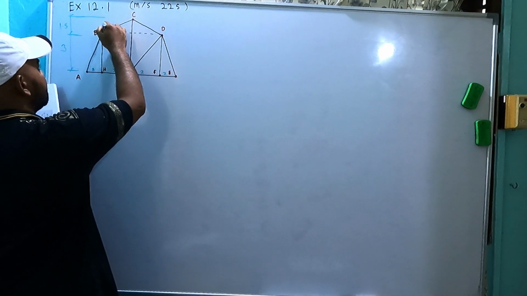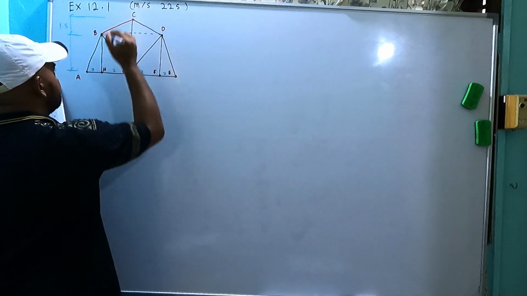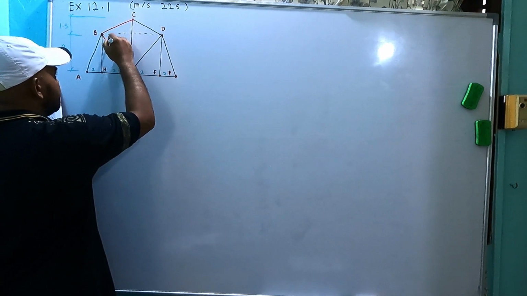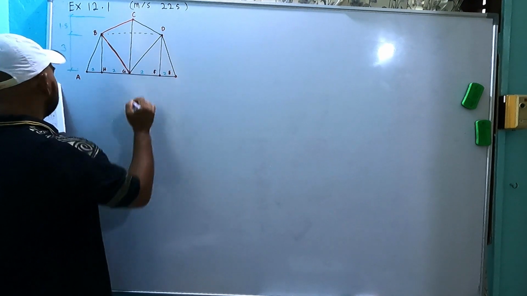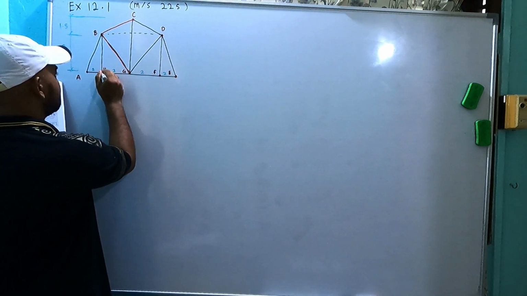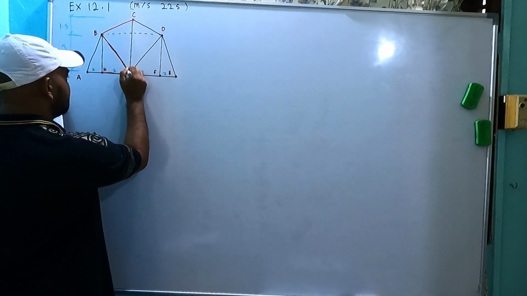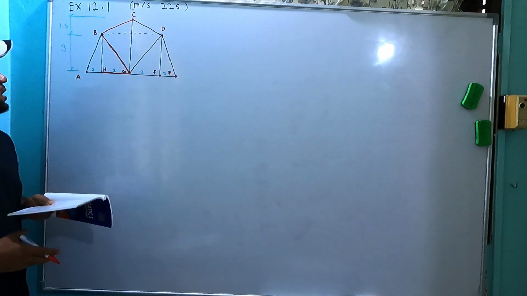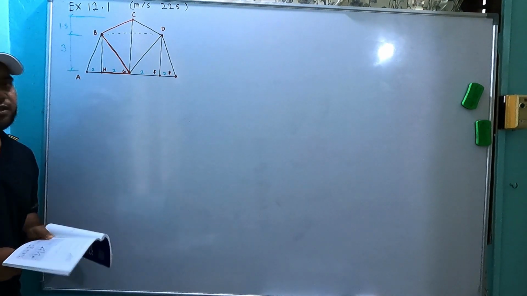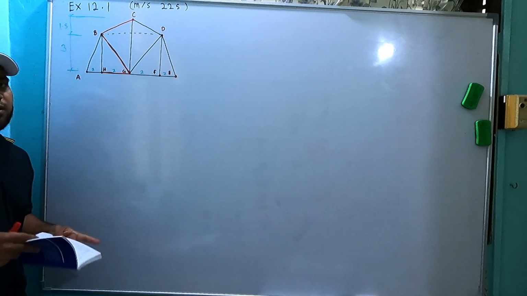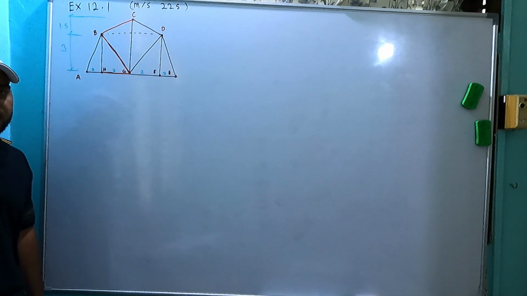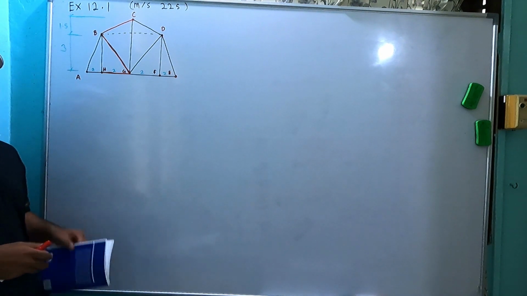So you want to find out here BC, BG and also HG. You want to find out the forces in these three components and determine whether they are in tension or in compression. So the first step is to draw the overall free body diagram and solve.